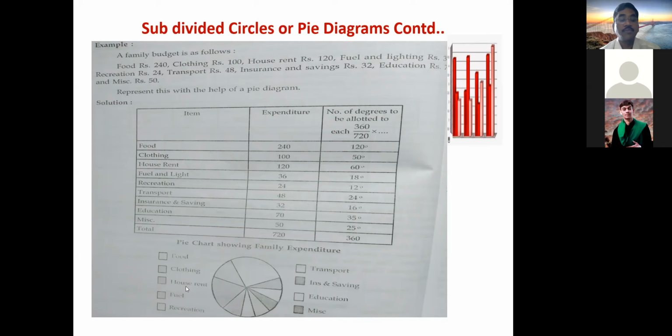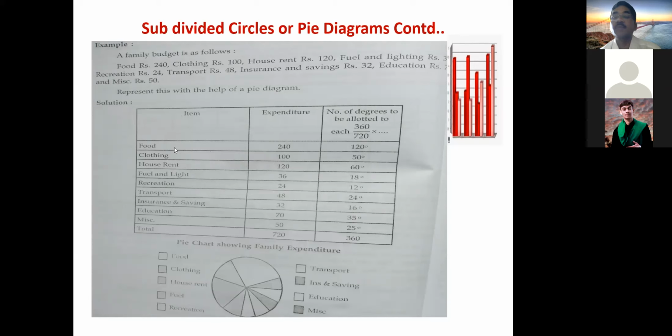Similarly, for all the components, food, clothing, house rent, fuel and light, recreation, transport, miscellaneous, according to their degrees, you have to divide the circle like this. Then this will be completed. So this is how you have to prepare the pie chart with the given components.